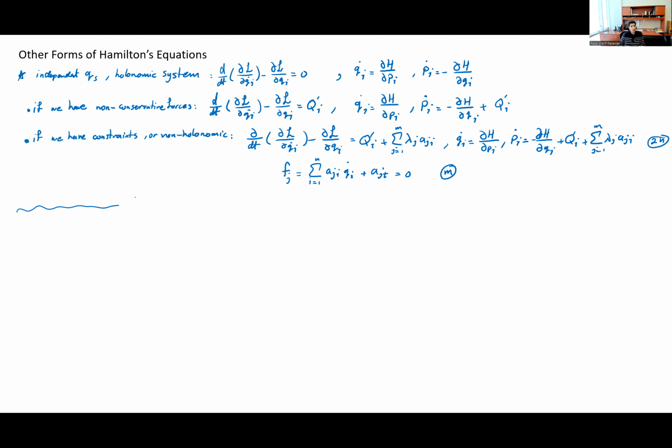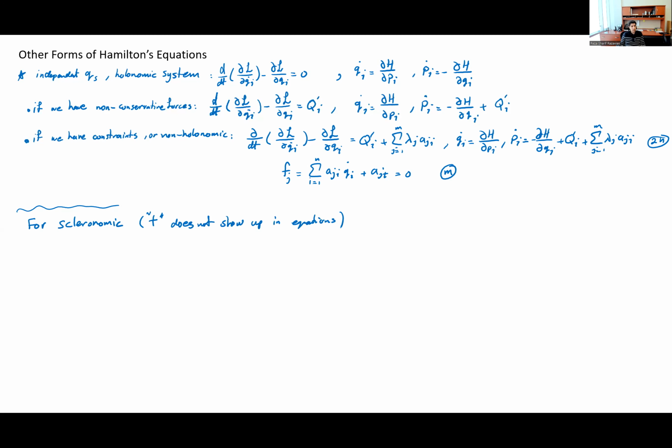Another thing I wanted to mention is specifically for scleronomic systems, those where time t does not show up in the equations.